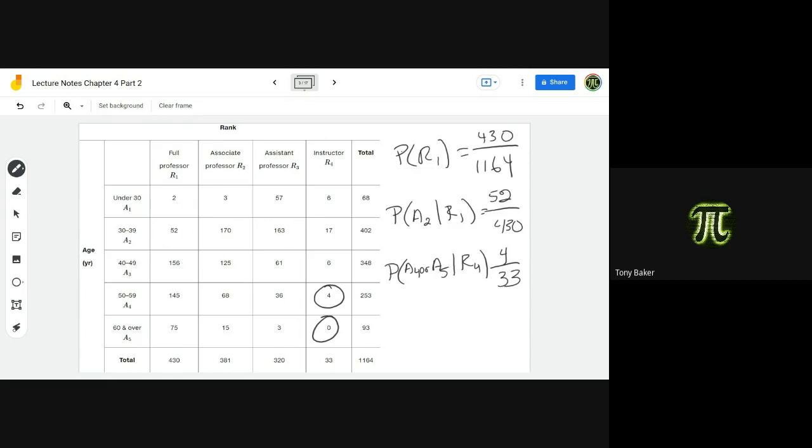Those percentages are all based on the total, so 2 divided by 1164 is the number that goes there. But then you can figure out what that's out of, so we would do the same thing. If you're going to do conditional, it would be the same concept. You just use the percentages to do the division at that point.